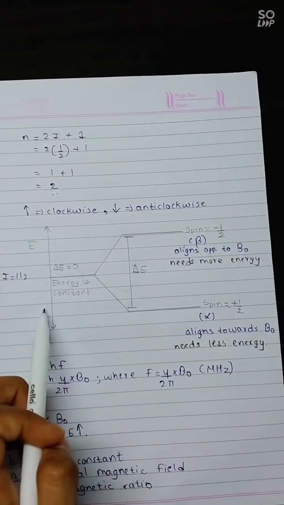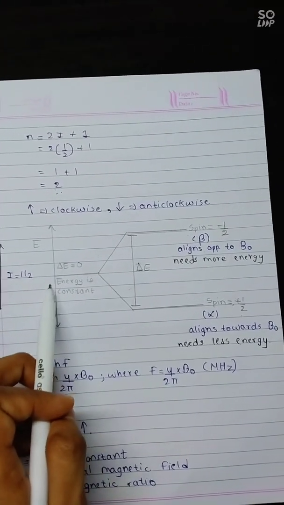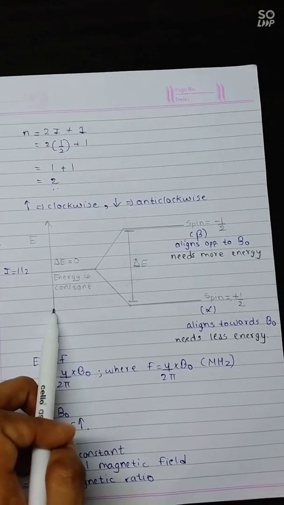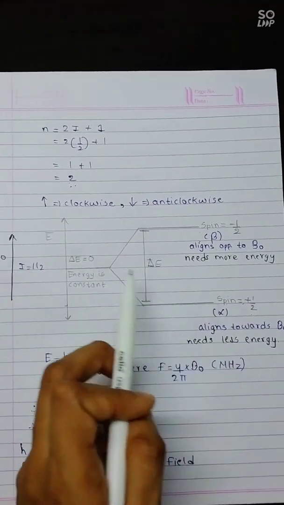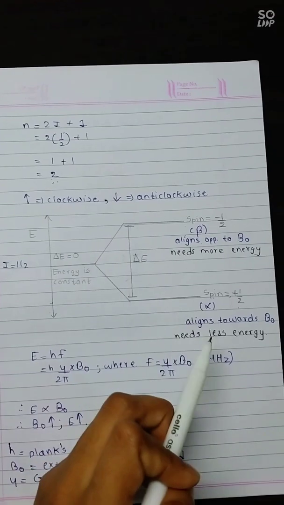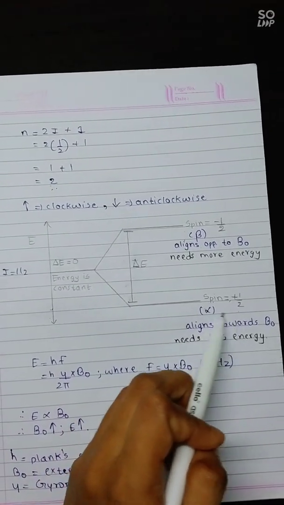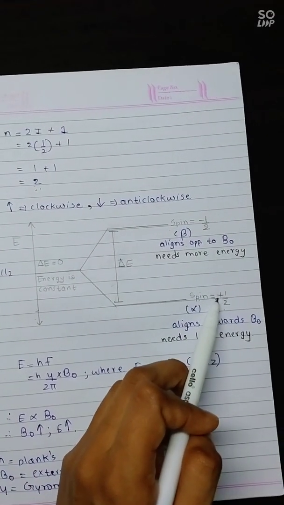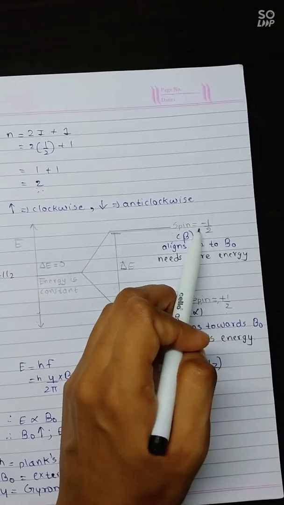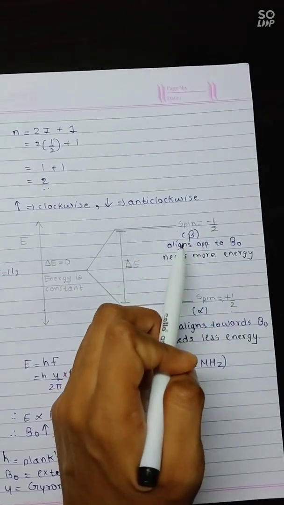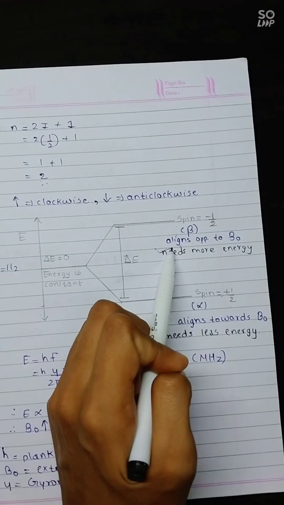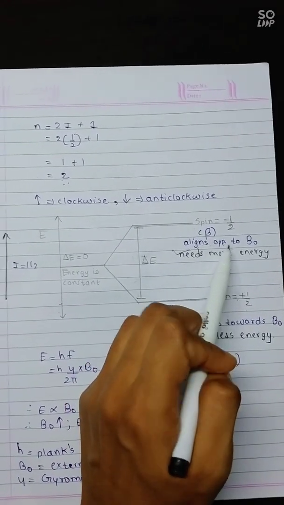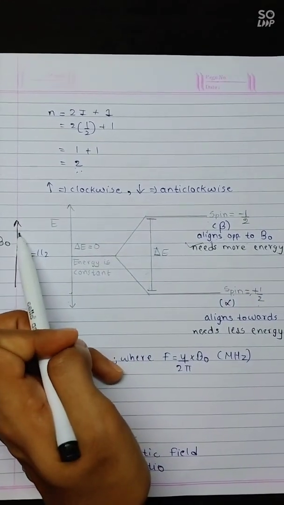See, this is the graph for energy. So here energy will be decreased as we move downwards. When it is aligned in the direction of the magnetic field, it will require less energy. But when it is against the magnetic field, it will require more energy and it is aligned opposite to the magnetic field.